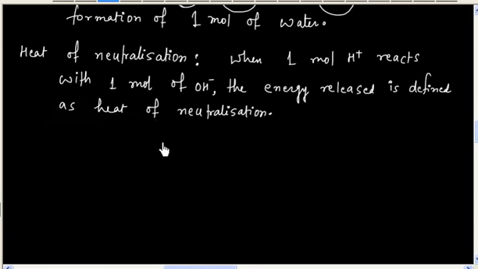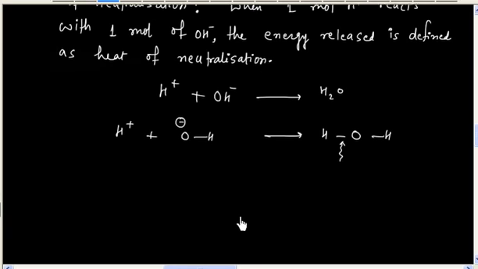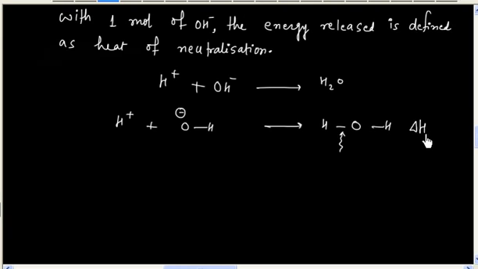So whenever we have a strong acid or strong base reaction, energy released is same because net ionic equation is same. You see what is happening in this reaction. Basically, we are forming one oxygen hydrogen bond. So energy released is same, and this is called delta H, neutralization.